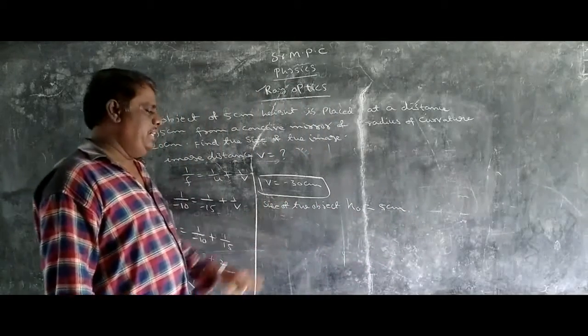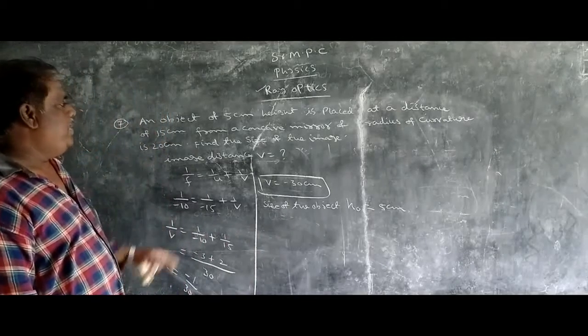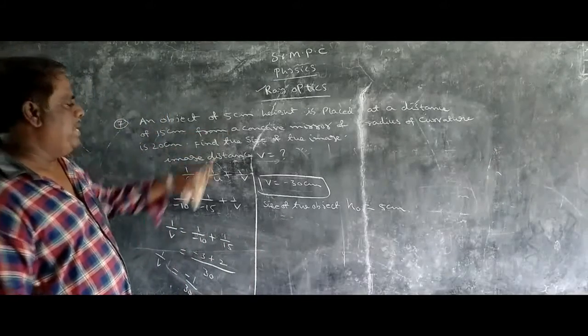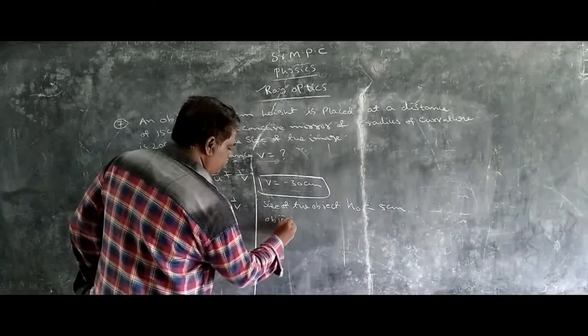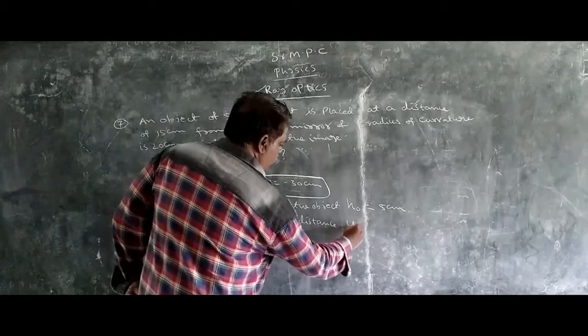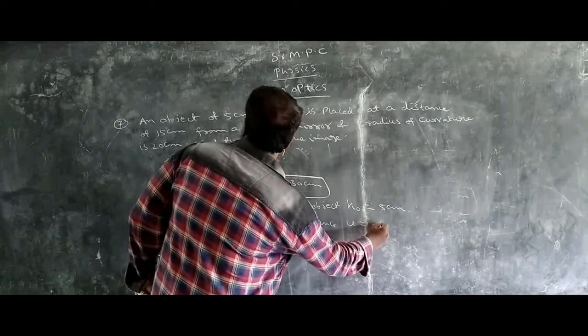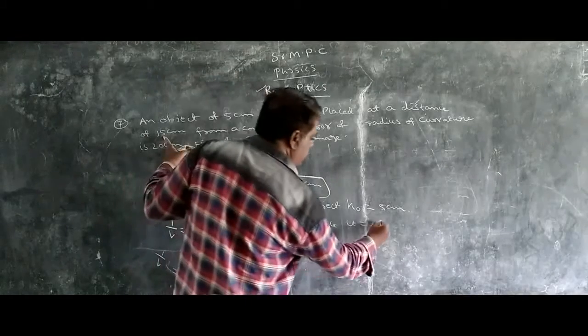Size of the object is 5 centimeter. V value is minus 30. Object distance U value is minus 15 centimeter.